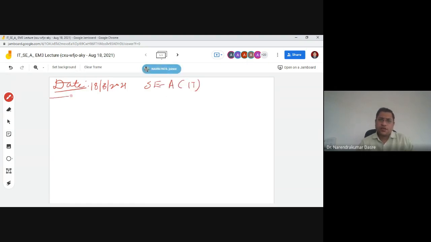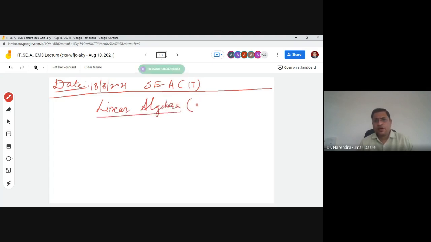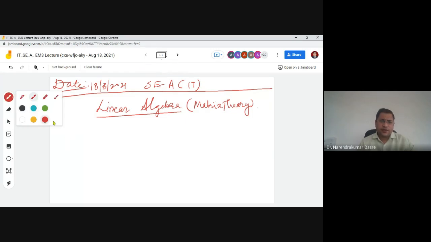First we need to understand linear algebra, and particularly we are going with matrix theory. First we need to understand what a matrix is.